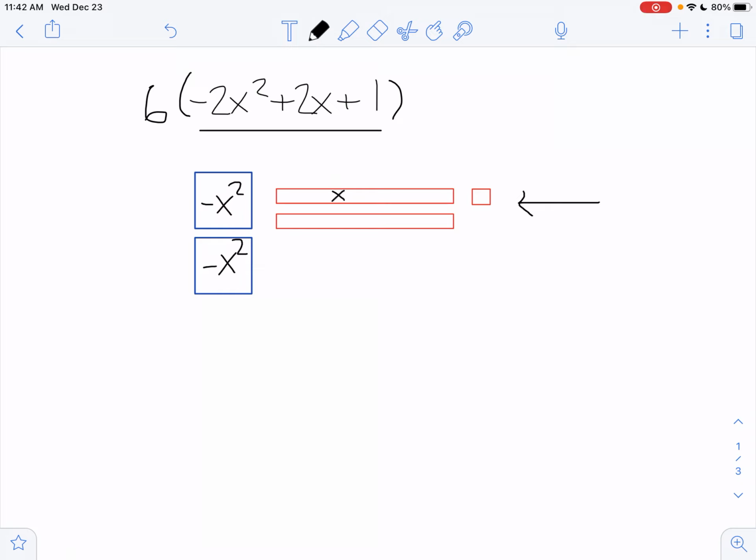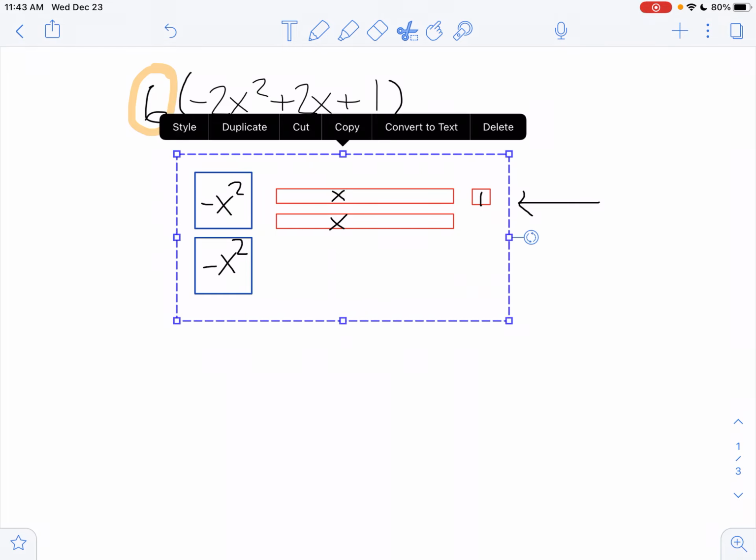We have plus 2x, so 2 red rectangles, and plus 1, so 1 red small square. And what we need to do this time is make 6 copies. So step 2, we're going to highlight the 6 in front, and that's how many total copies we're going to need. So step 3 is to make those copies.